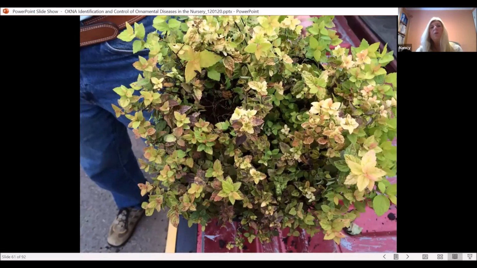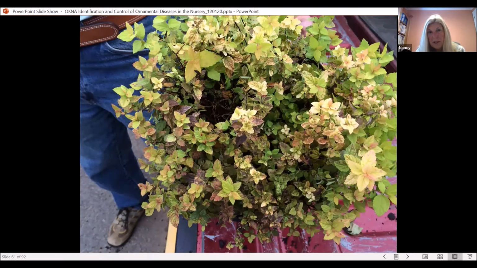So generally with root and stem rots, when you have a problem below ground, you're going to see the symptoms above ground. So I believe this is a spirea looking quite chlorotic, and you can see not just yellowing, but also some reddening, indicating some nutrient deficiency as well.